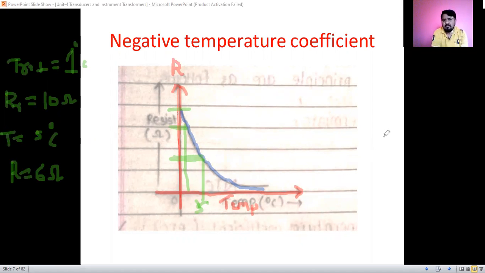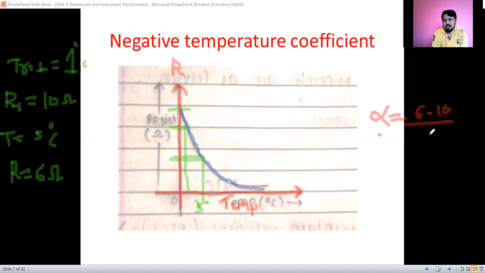Now you find the alpha. Alpha equals (R minus R reference) divided by R reference times (T minus T reference). 6 minus 10, how much is it? Minus 4.